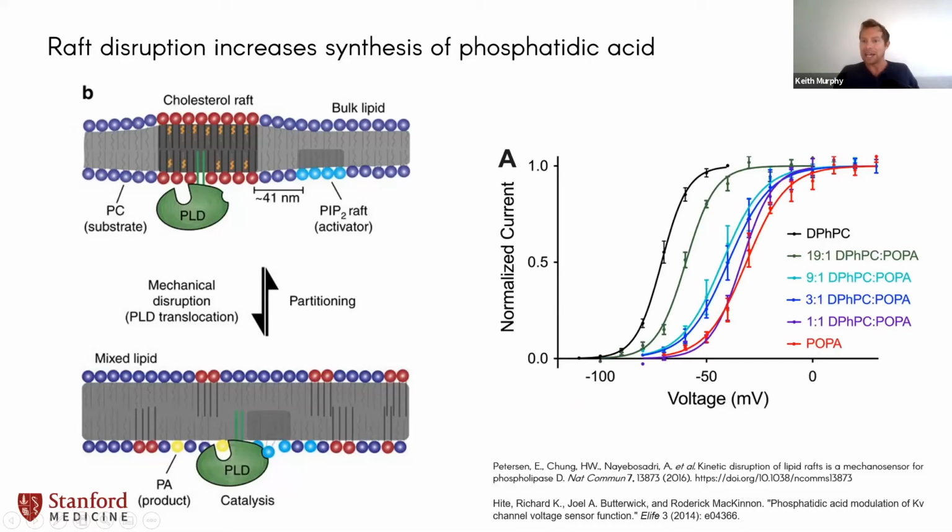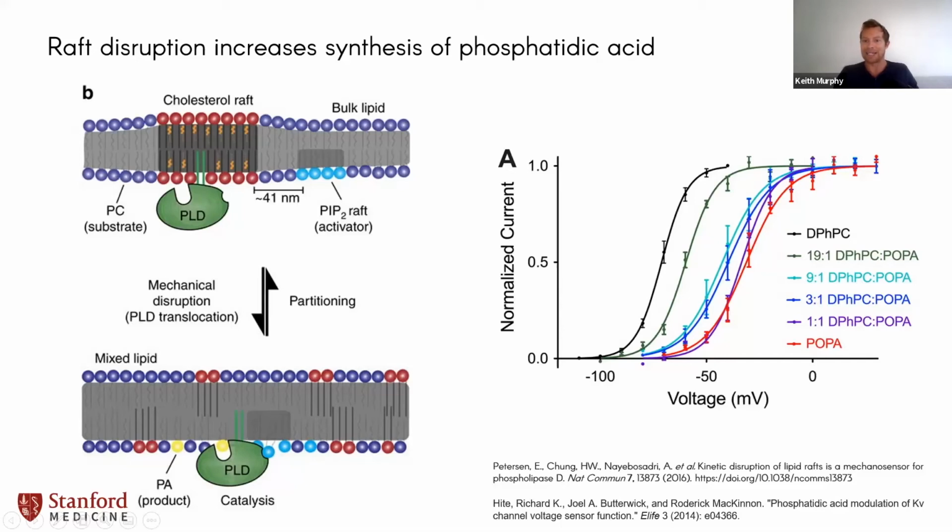And I'm going to show you papers that were published well before they came up with this theory. Here's a plot of normalized current through an ion channel across different voltages. So you basically have a voltage clamp and you're looking at conductance. When you add different phosphatidic acids, shown as POPA here, you can see that the conductance across these channels changes dramatically at different voltages, particularly with pure phosphatidic acid.